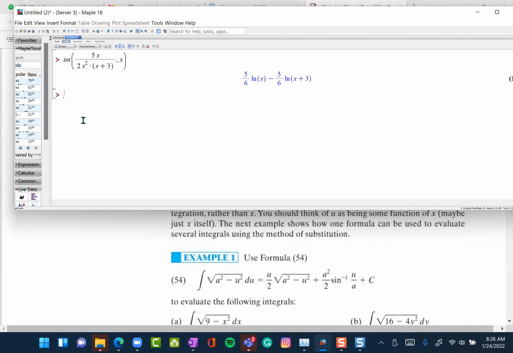And you can also do definite integrations, say from 9 to 11, for example.